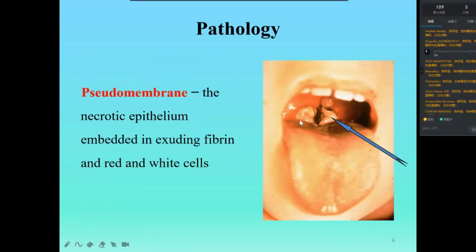Those dead cells will stick together by fibrin and form a membrane-like structure we call the pseudomembrane, and it is this pseudomembrane which causes the obstruction of the airway. So it is this pseudomembrane which killed a person, because the person cannot breathe, cannot get the air into the lung.